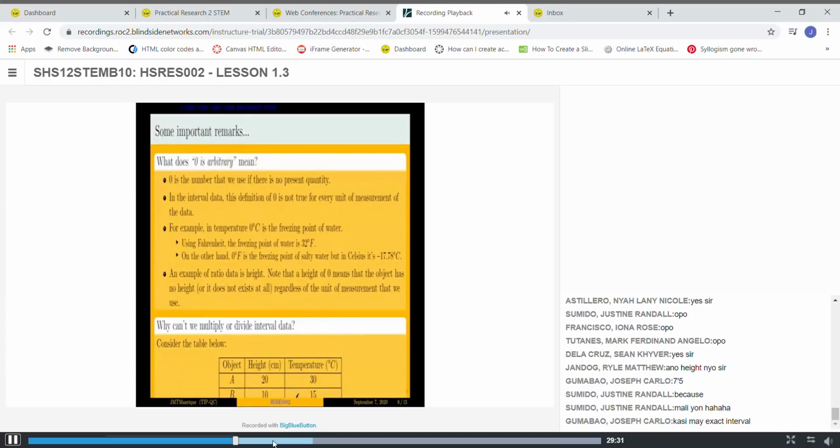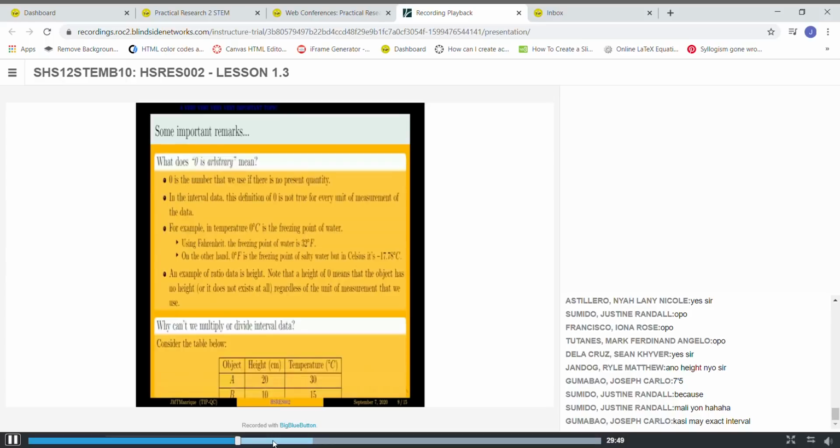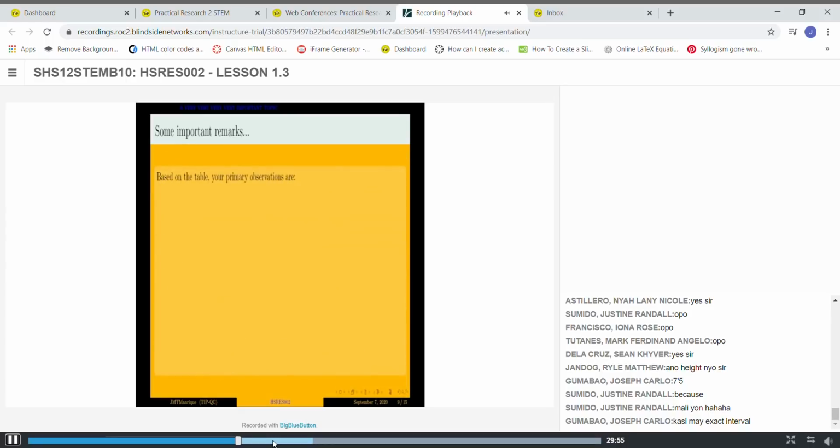B is 10 centimeter and 15 degrees Celsius. So, based on this data, based on this table, what is our primary observations?